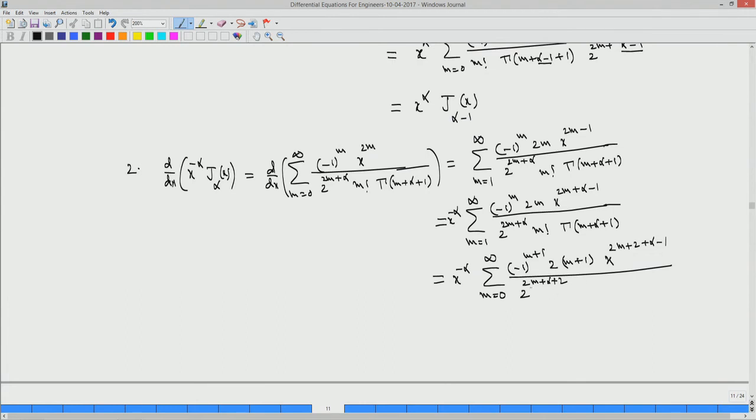So, you have 2m plus 2 plus alpha, m plus 1 factorial gamma of m plus 1 plus alpha plus 1.